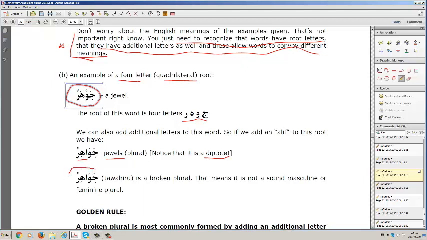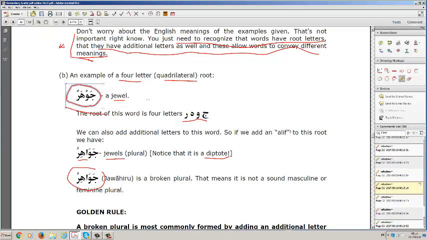But here what has happened, very interestingly, is that when we convert the word jawhar to plural form, we've added an alif somewhere in the middle. We haven't said jawharat. It's a non-human word, and normally the plural of non-human words is in the feminine form.